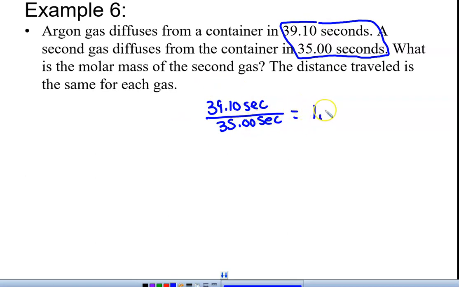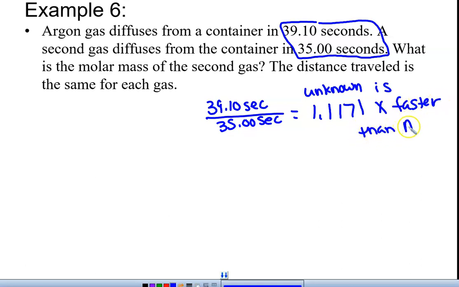You get 1.1171, if I can read my writing correctly. All right, so that's going to tell me that argon is taking 39 seconds. So it's the slower one. So now my unknown is this many times faster than argon.